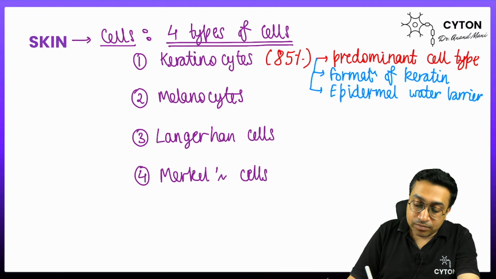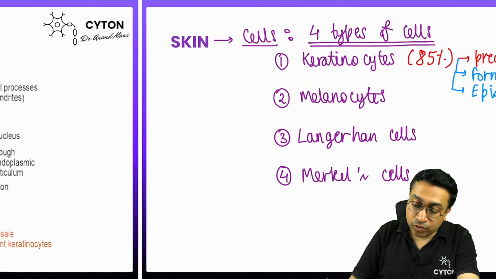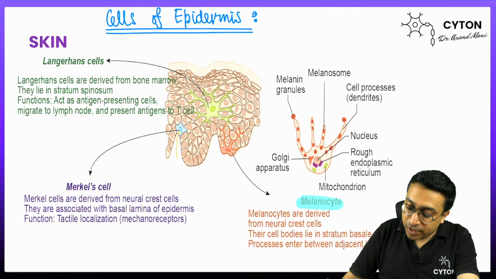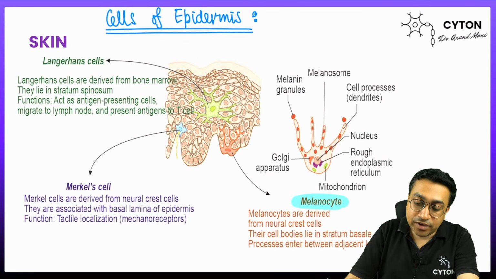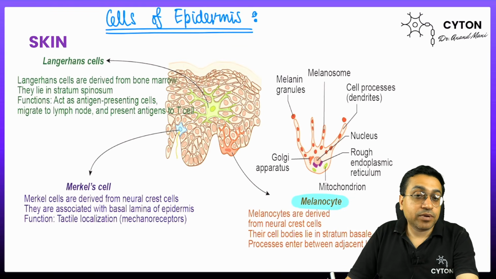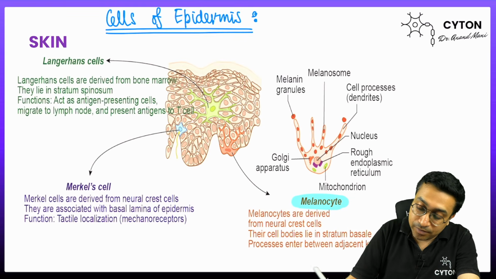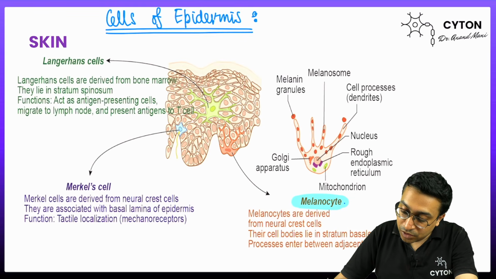Then you have something known as melanocytes. So this thing was visible here. Now melanocytes are present in the stratum germinativum, or I can say stratum basale.